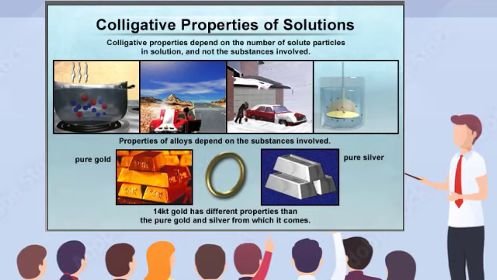The properties that depend on the number of solute particles are collectively called colligative properties. Colligative properties of solutions are vapor pressure reduction, boiling point elevation, freezing point depression, and osmotic pressure, each of which you will learn about in the next few scenes.